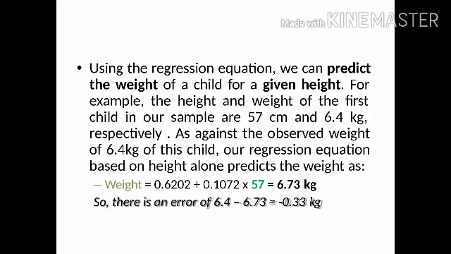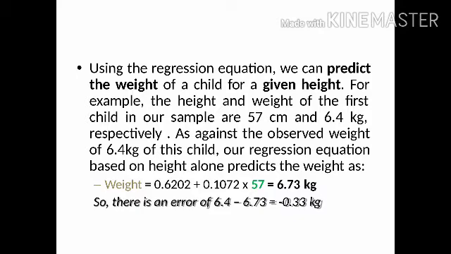Weight, that is y, equal to 0.6202 plus 0.1072 into x1. Here we take x1 as 57 centimeters. Putting the value of x1 in this equation, we get the predicted weight of the child, that is 6.73 kg.